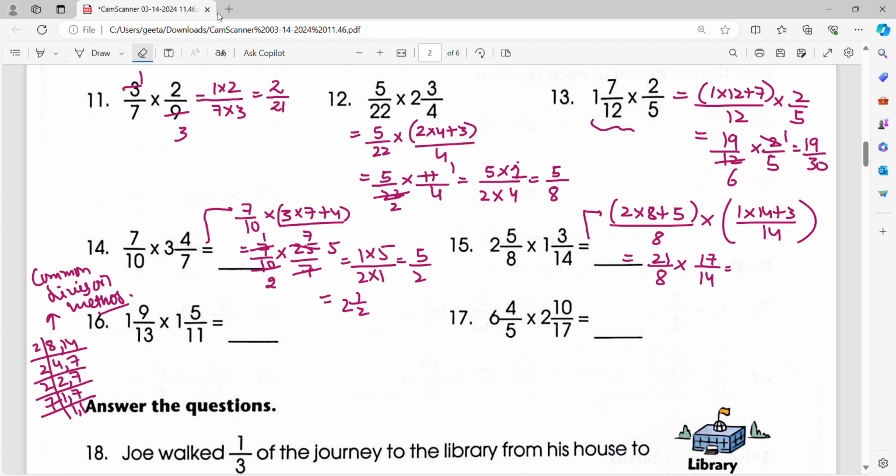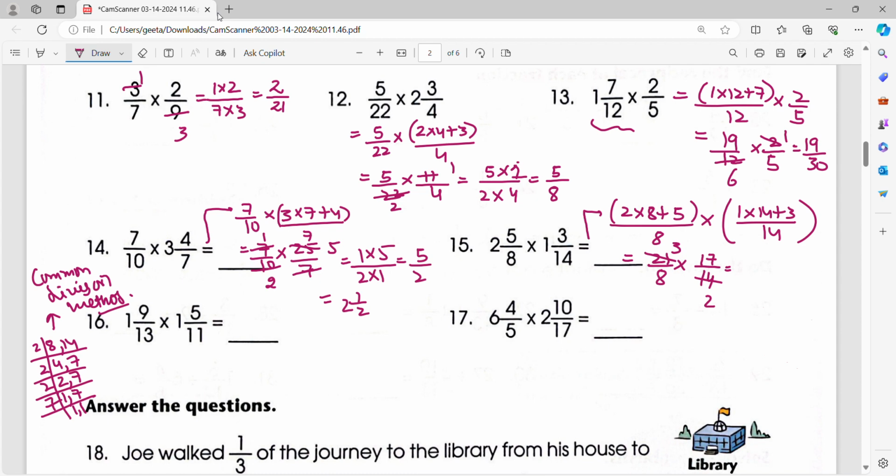Can you tell me 21 and 14, they are divisible by the same number. Can you guess that number? By 7. 7 into 2 is 14 and 7 into 3 is 21.